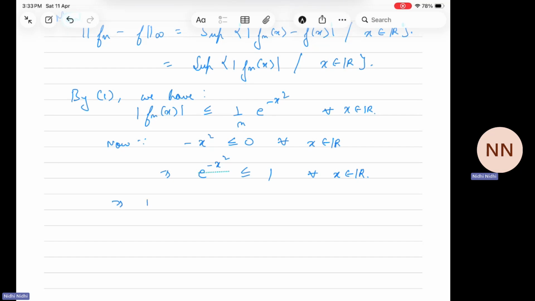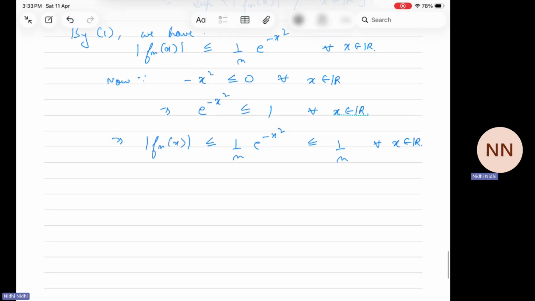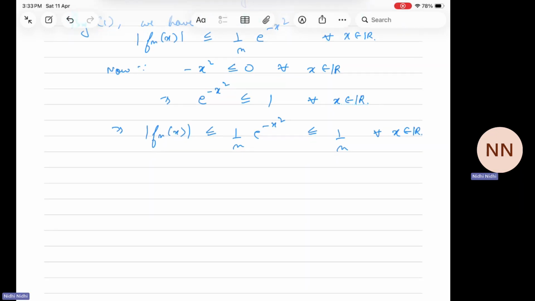Now this tells us that mod fn(x), which was less than or equal to 1 by n e to the power minus x square, will be less than or equal to 1 by n, and this will happen for every x in R. That means, since fn(x) is less than or equal to 1 by n no matter what the x is, our supremum over x in R of mod fn(x) will also be less than or equal to 1 by n.